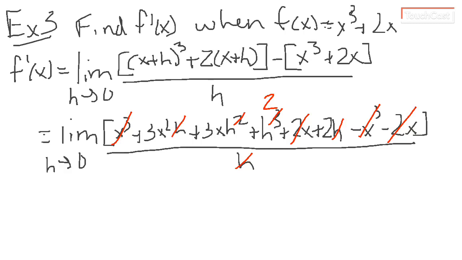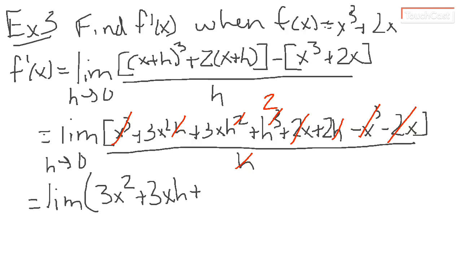So what we're looking at now is finding the limit of 3x squared plus 3xh plus h squared plus 2 as h goes to 0.